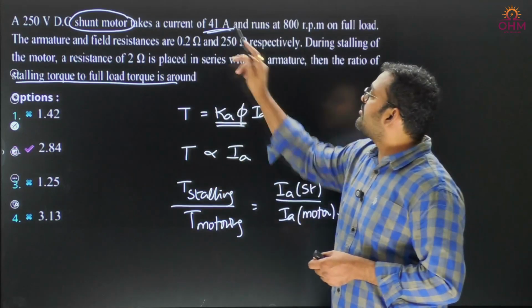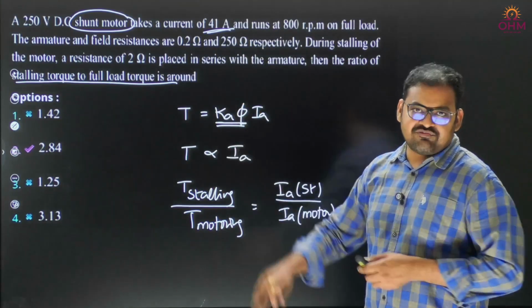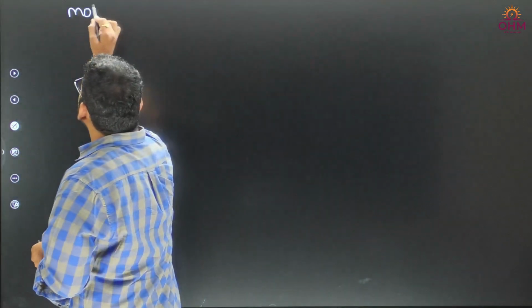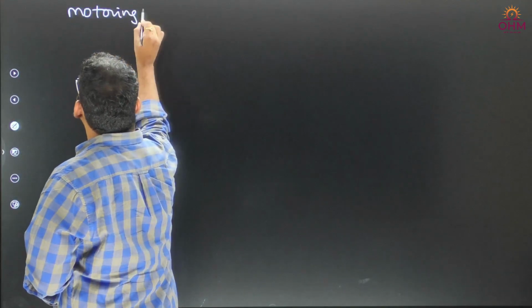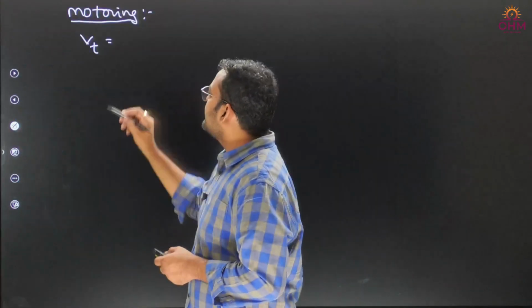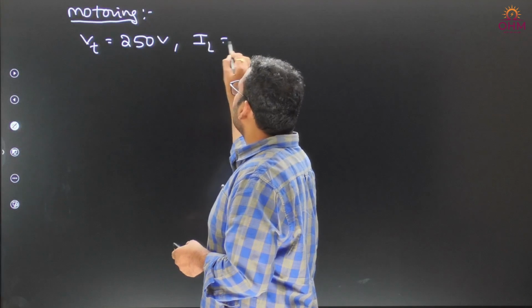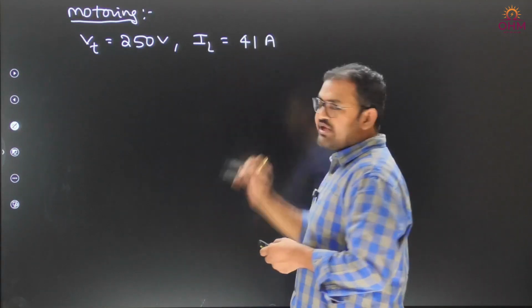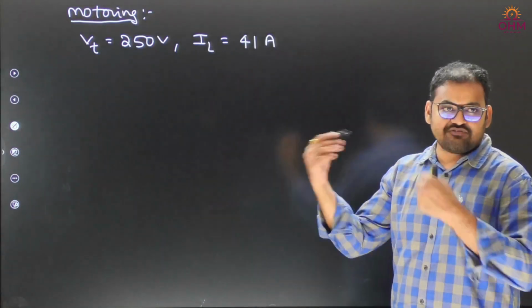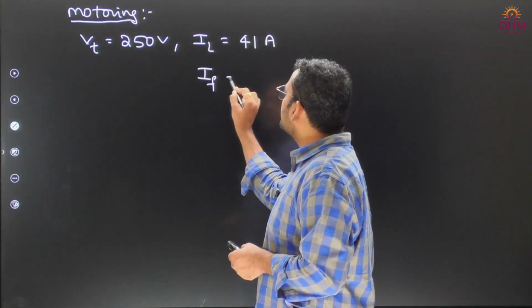What is the current drawn by the motor? 41 ampere. Out of that 41, some current will go to the field also. So in the motoring mode, the terminal voltage of the motor is equal to 250 volt. The total current drawn by the motor is 41 ampere, that is nothing but the line current drawn from the source. Out of that 41 ampere, how much will go to the field circuit?